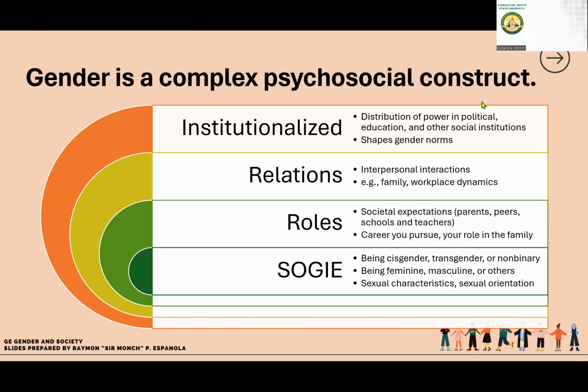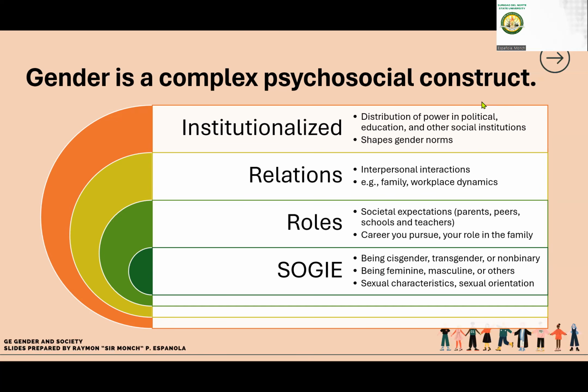So you look at interpersonal interactions, dynamics in the workplace, dynamics at home, dynamics in school, and a bigger concept is the institutionalized gender, where country-level or cultural patterns of distribution of power, of what it is to be masculine, what it is to be someone of power. Generally, the traditions and the norms come from how gender is institutionalized.